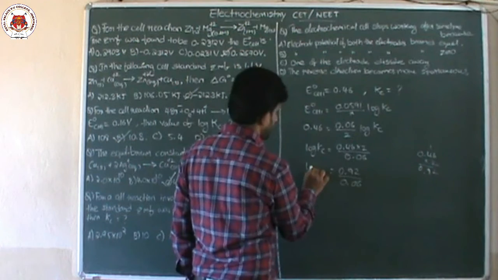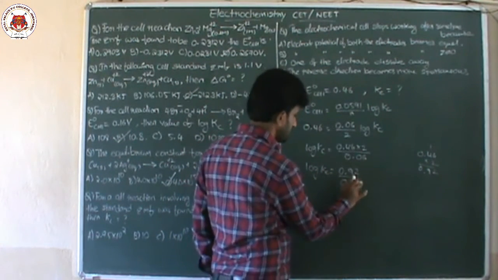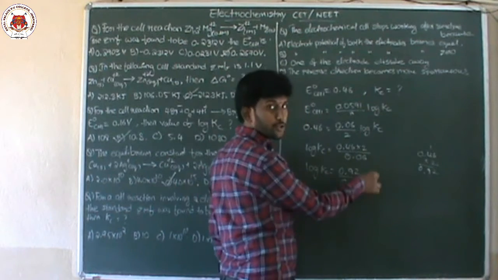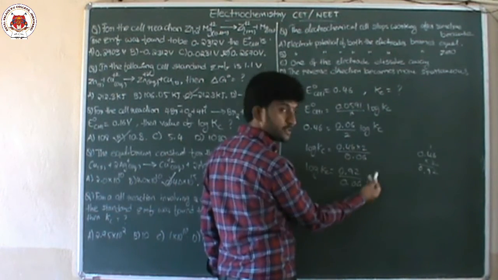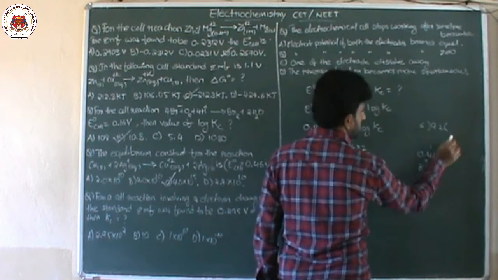So what is log Kc? Log Kc is 0.92 by 0.06. Let me write it as 92 into 10 power minus 2 over 6 into 10 power minus 2. That means 92 divided by 6.